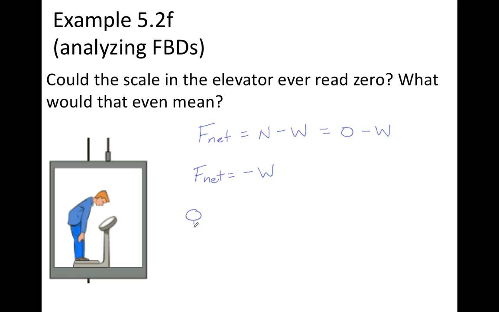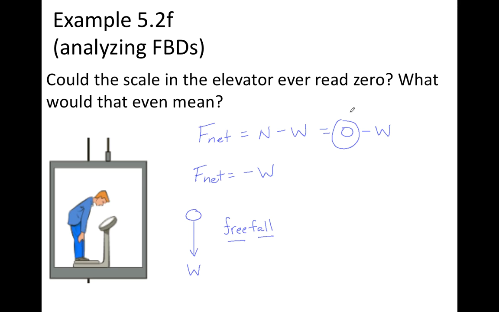It would look like we had a weight force acting downwards. We only have the force of gravity acting on an object. Well, this is free fall. An object that is only being acted on by gravity, which is the weight force, is an object that's in free fall. Objects that are in free fall will feel as though they don't weigh anything.